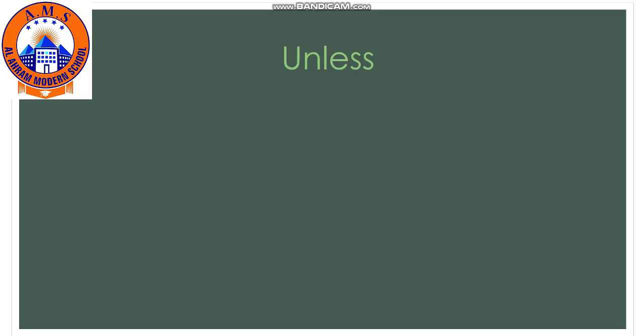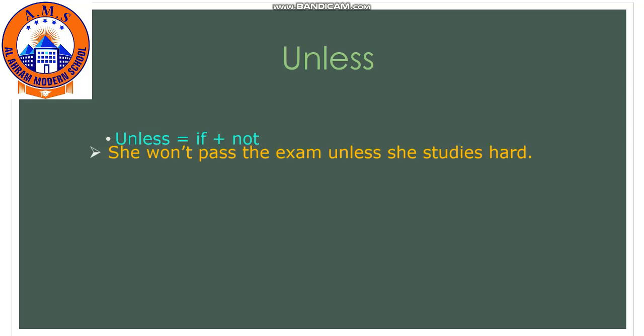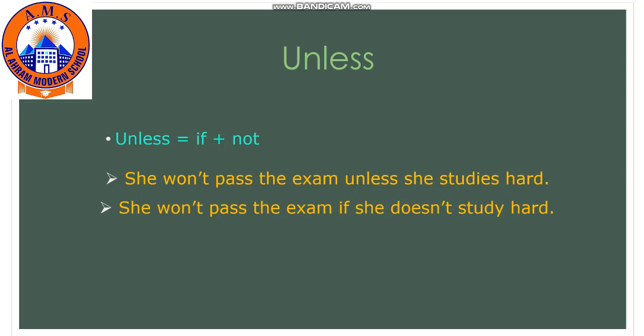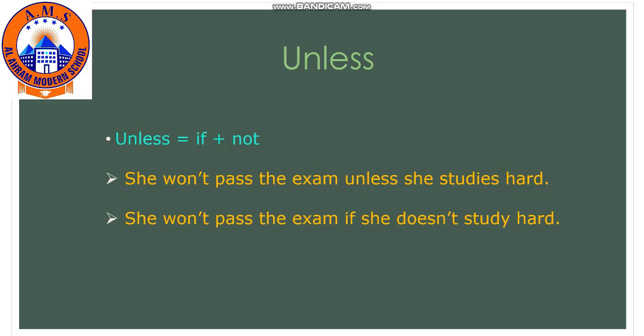Here we have unless. Unless means or equals if plus not. So if I say she won't pass the exam unless she studies hard, this means she won't pass the exam if she doesn't study hard.